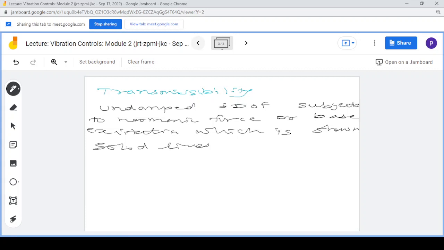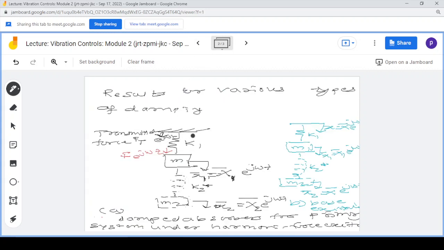So in this case, you can see this. This is a system with a damped absorber for primary system under harmonic force excitation, and this is a system having a damped absorber for primary system under base excitation. And in both the cases you can see that there is no damper, so it can also be called a damped absorber for undamped primary system.